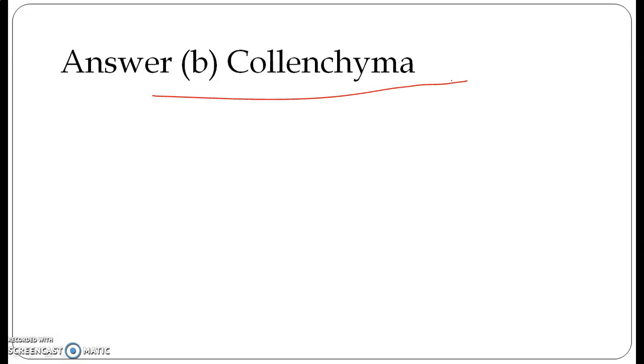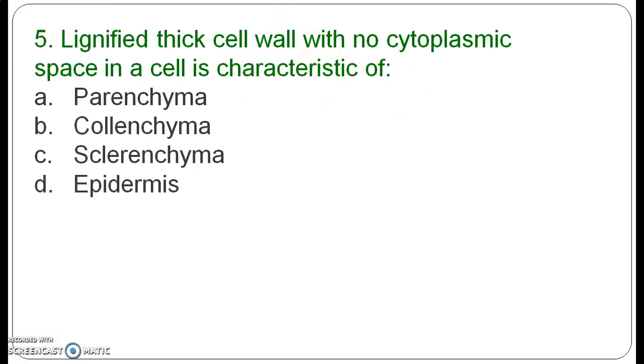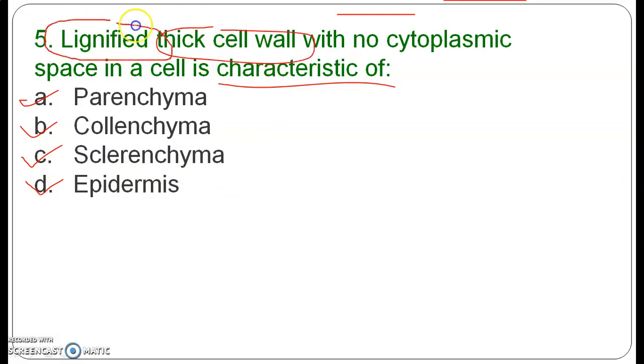Clear? Next question. Lignified thick cell with no cytoplasmic space is a characteristic of, and your options are A, parenchyma, B, collenchyma, C, sclerenchyma, and D, epidermis. Thick cell wall, and the keyword is lignified.